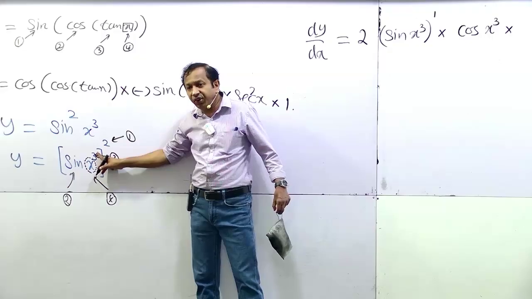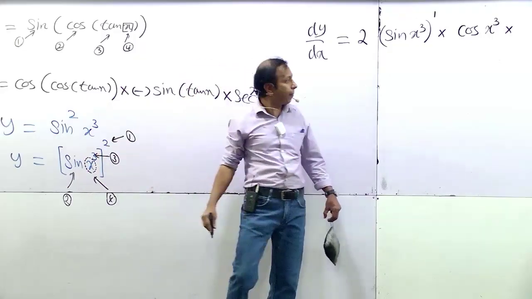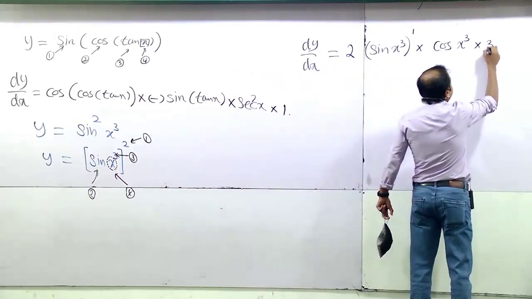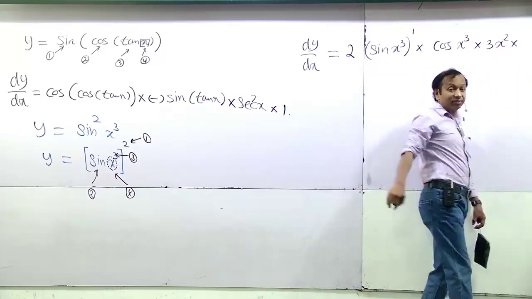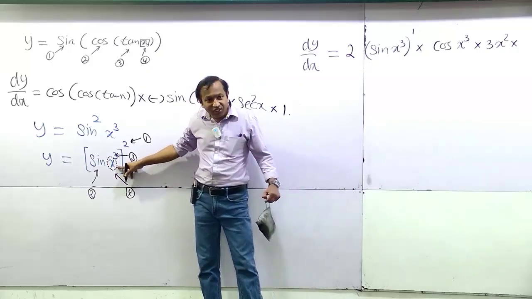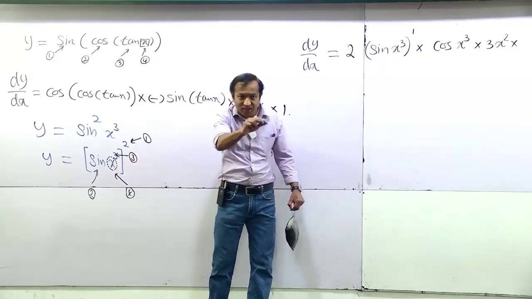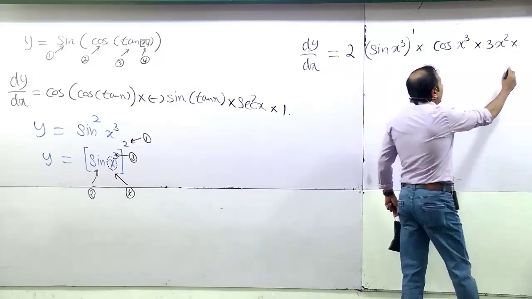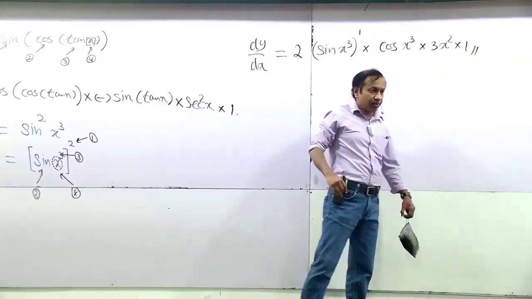What is the derivative of x to the power 3? 3x squared, into what? Now x. What is the derivative of x? 1.